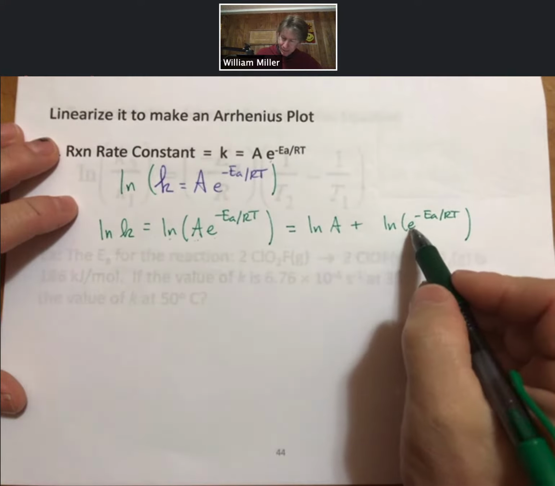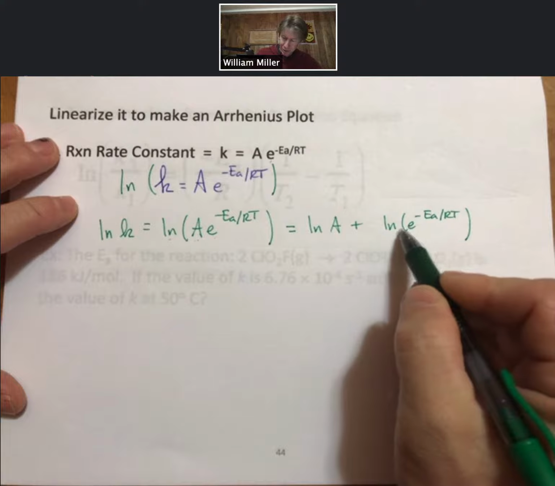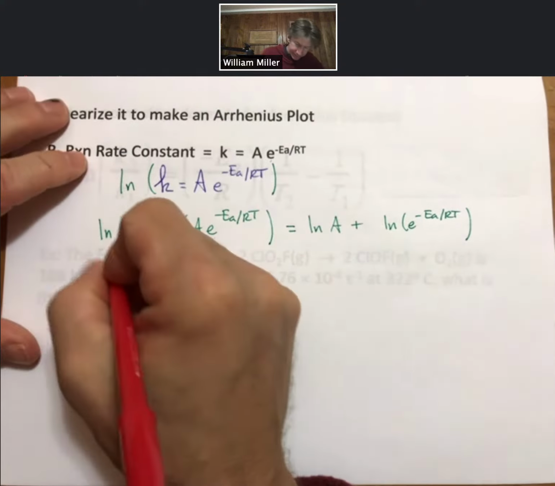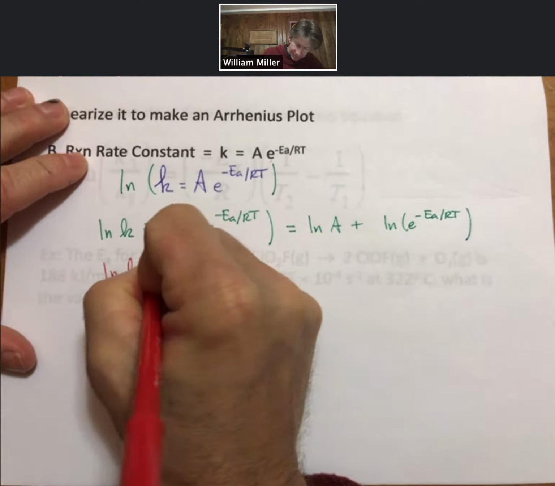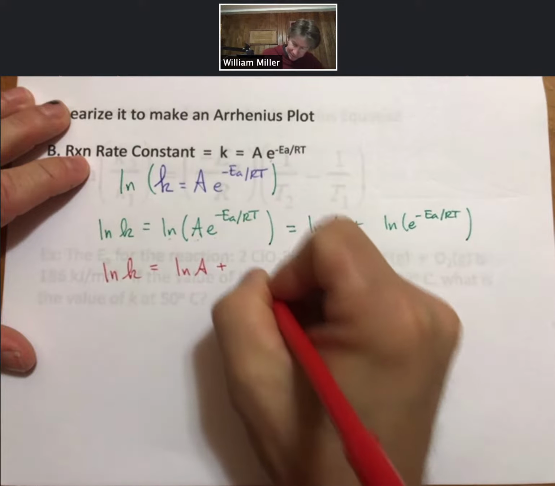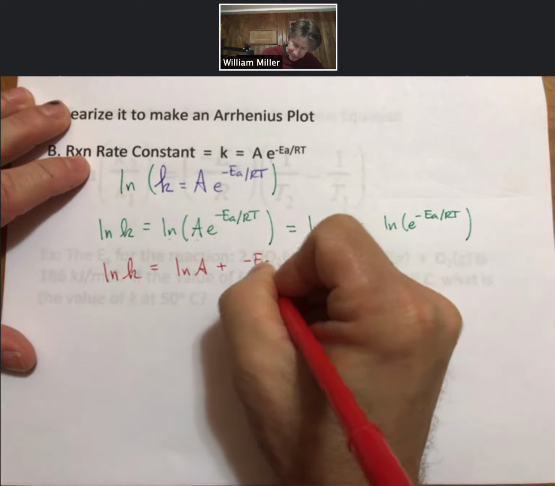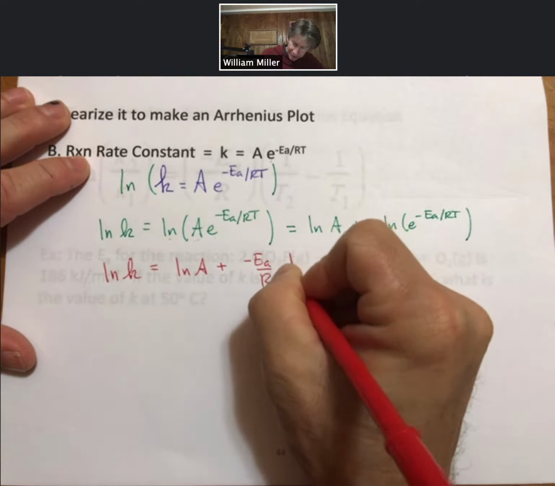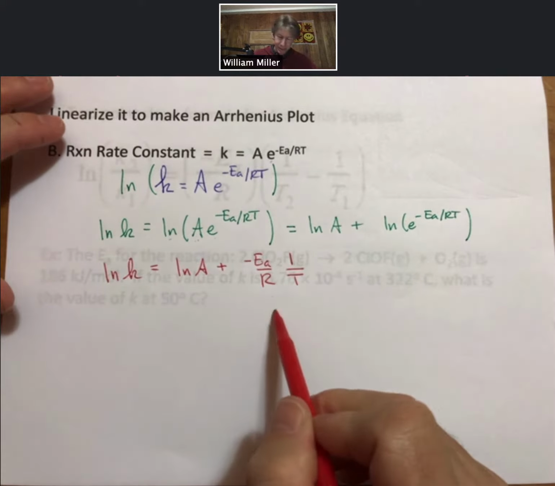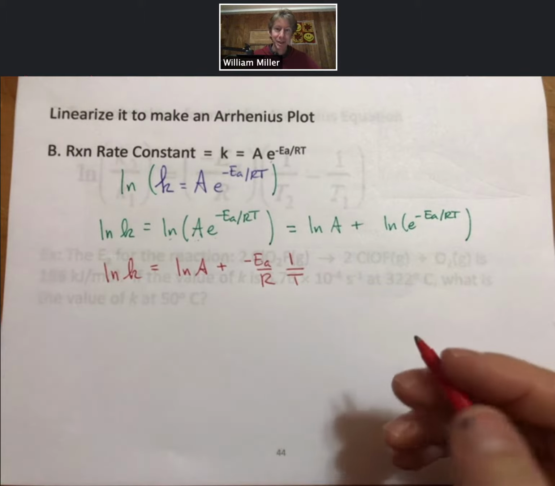Next, the exponential and the natural logarithm terms cancel each other out. So we still get ln of A, we get minus EA over R, and I'm going to break it up here into two parts because we are now done.